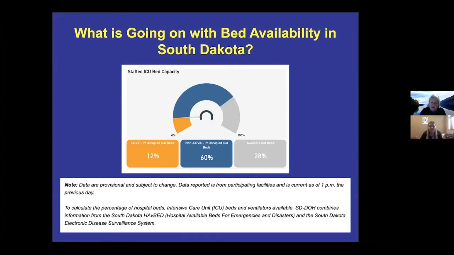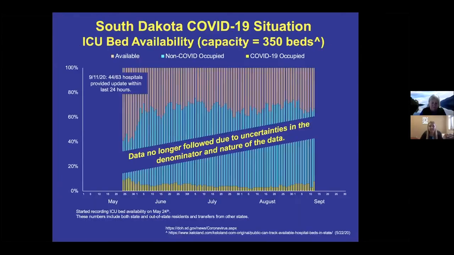And then they combine that with the South Dakota electronic disease surveillance system that tracks how many of those beds are actually occupied. So Have Bed gives you how many beds are there, and the disease surveillance system lets you know how many of them are actually occupied. And this is from today, where they say that 12% of the ICU beds are COVID occupied.